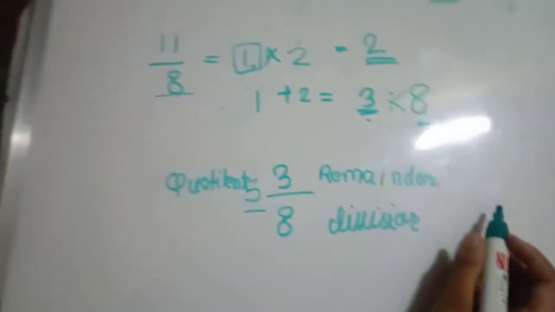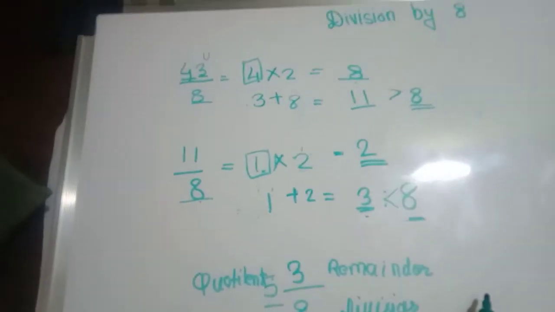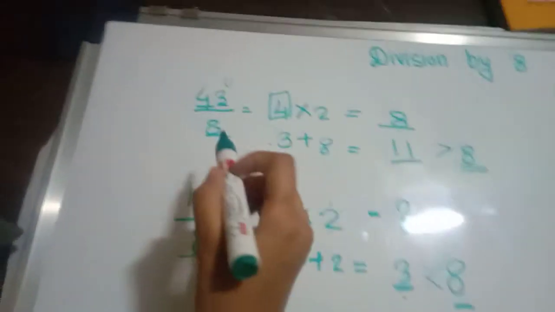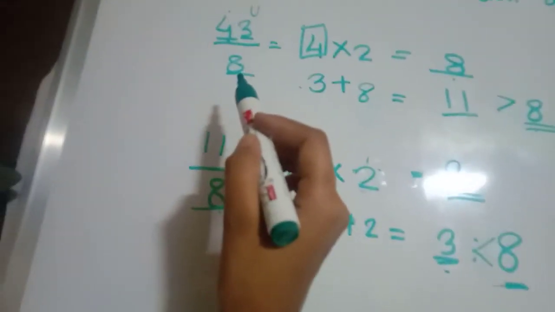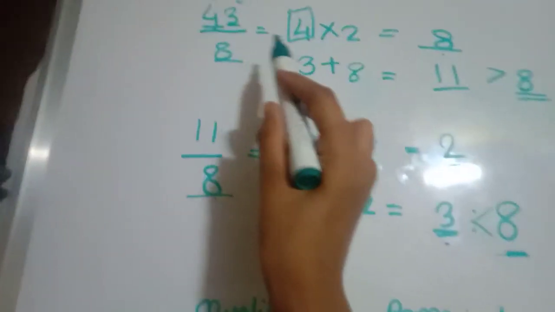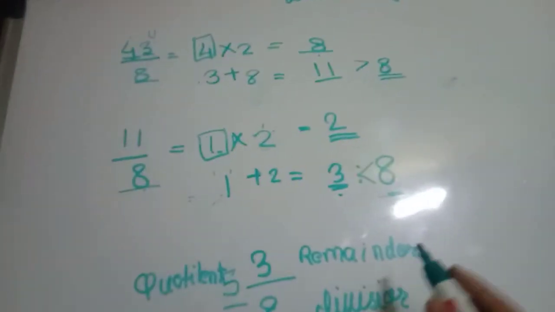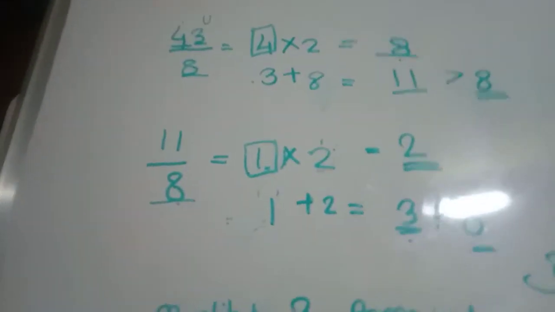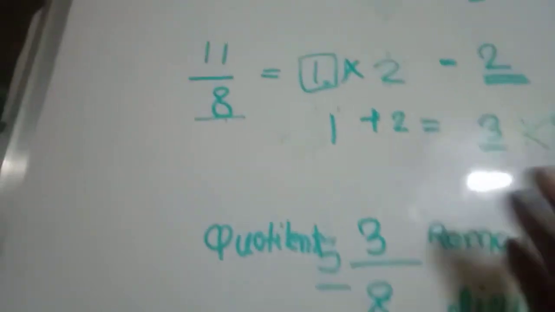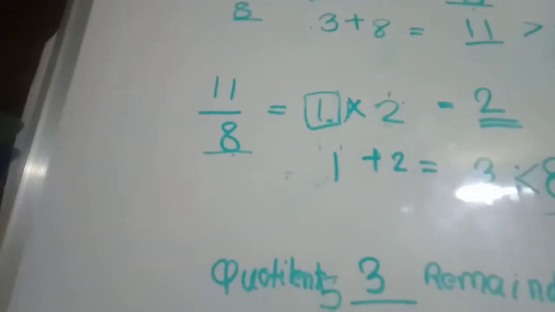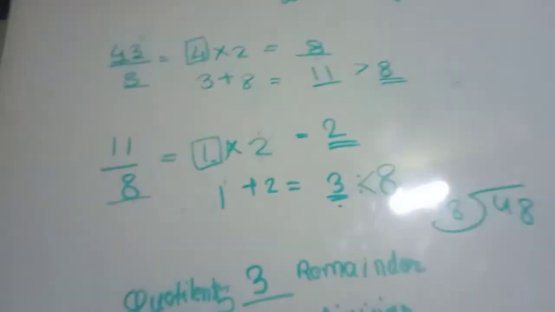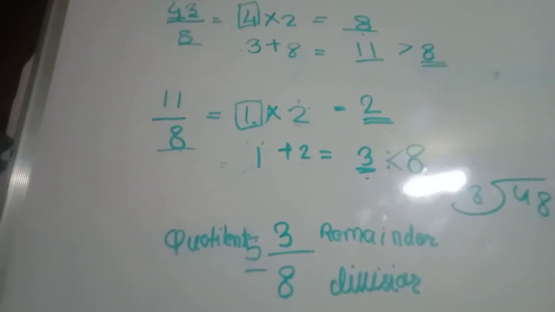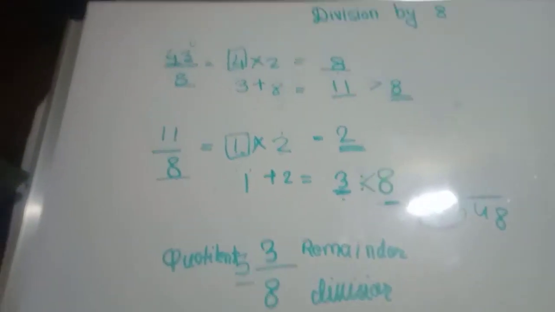So this is the work which I have done. This is very simple, and this 43 is not in the 8's table, so how to do this? It's very simple, we should do this trick. You are seeing this is big, but when we do it in small, it will look small and will not take more place.